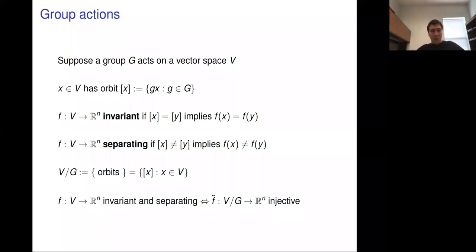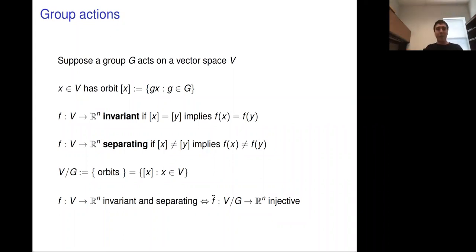Now, there's one little subtlety I need to point out, and I'm going to point it out, and then I'm not going to really worry about it for the rest of the talk. When you have a function that's even just invariant, since it's constant on orbits, that induces a new function on this quotient space V mod G, right?